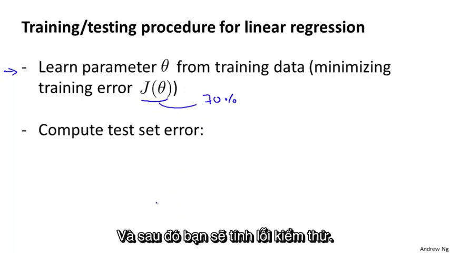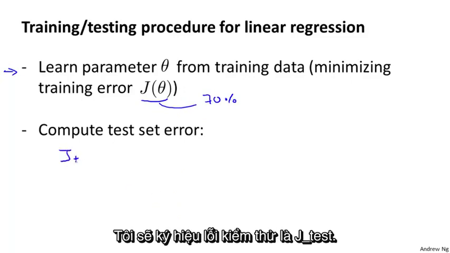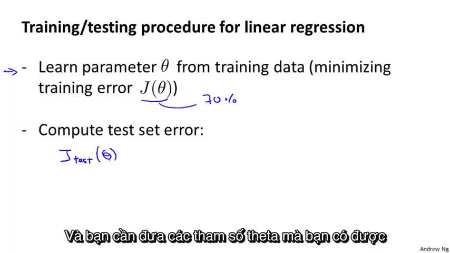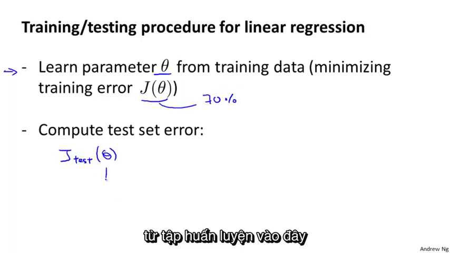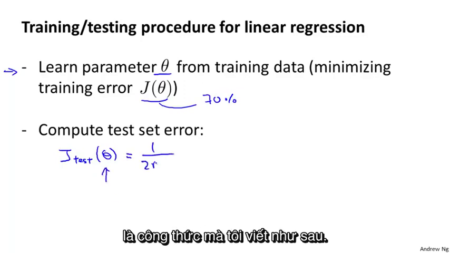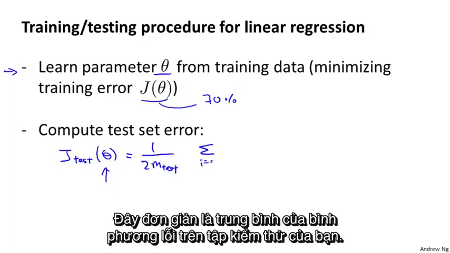And then you would compute the test error. I'm going to denote the test error as J subscript test. What you do is you take your parameter theta that you've learned from the training set and plug it in here and compute your test set error, which I'm going to write as follows. This is basically the average squared error as measured on your test set.